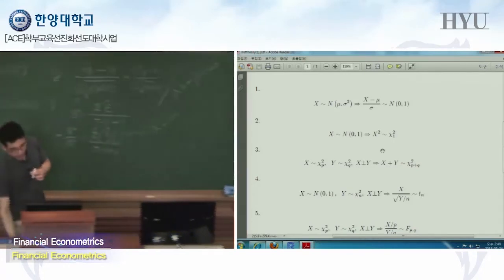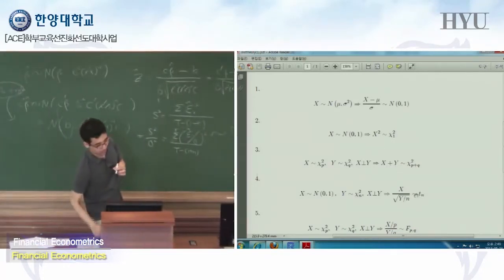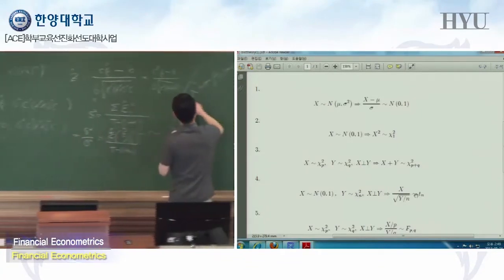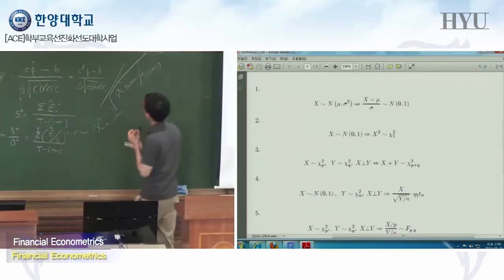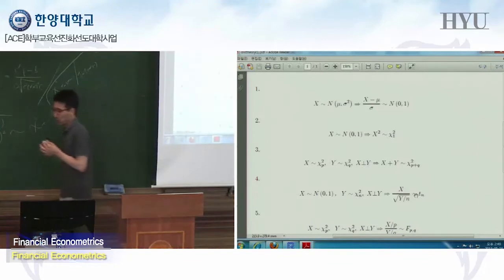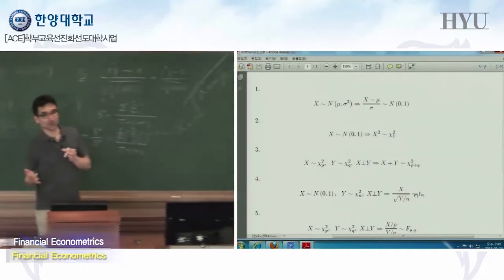Then we have a normal distribution divided by the root of a chi-square distribution divided by its degree of freedom. Oh sorry, we need a root. Okay, we divide this, then we have a t distribution, right?